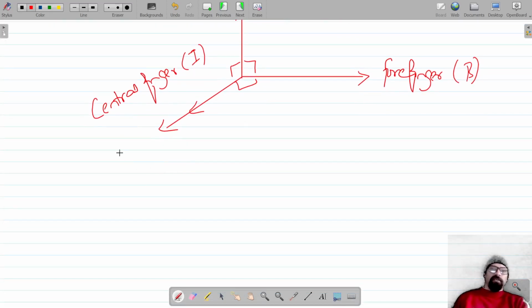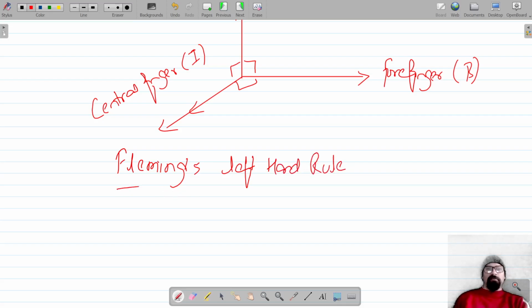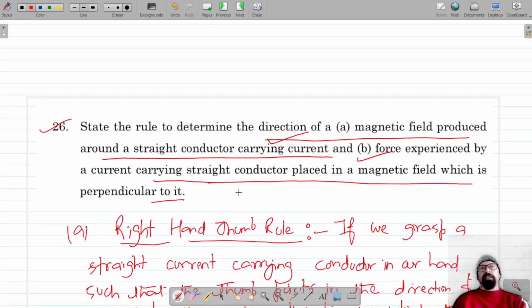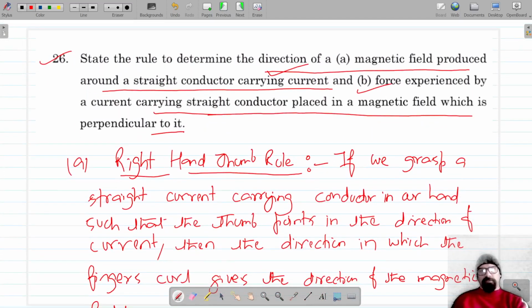This is Fleming's left hand rule, a very useful rule to find the direction of the force. Okay, moving on to the next question.